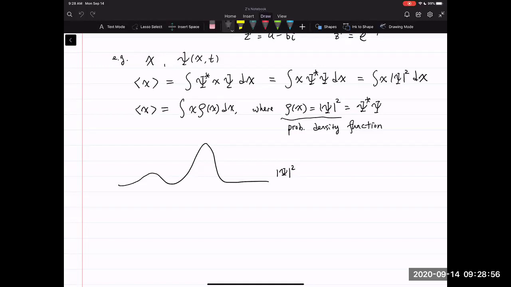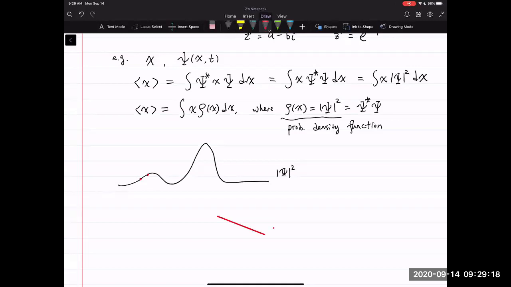But if you repeat this process many times, you see every time the particle is different. Maybe the first time you measure, the particle happens to be here. The second time, it could be here.